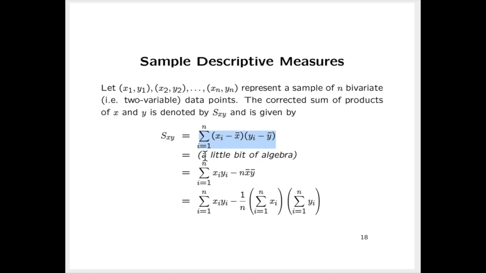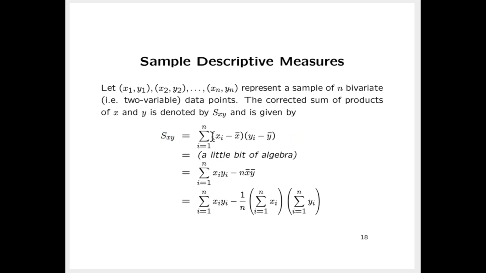Again, notice that we're using this summation operator all over the place. It's a sum of n terms. Each of the n terms is a product of the deviations between the two variables and the means of the respective variables: x sub i minus x bar times the quantity y sub i minus y bar. We add those up, and that gives us the corrected sum of products of x and y, or s sub xy.